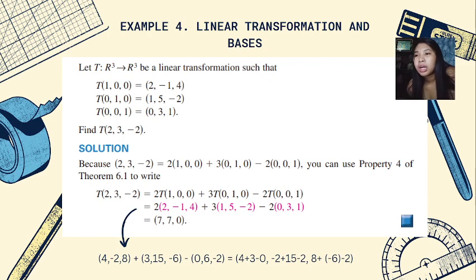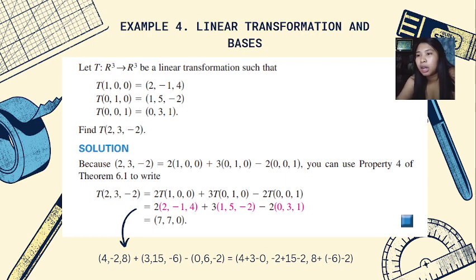Now, the T(1,0,0), T(0,1,0) and T(0,0,1), we can substitute with their actual values, which are also given. For example, the value of our T(1,0,0) is (2,-1,4). And then, the value of T(0,1,0) is (1,5,-2).